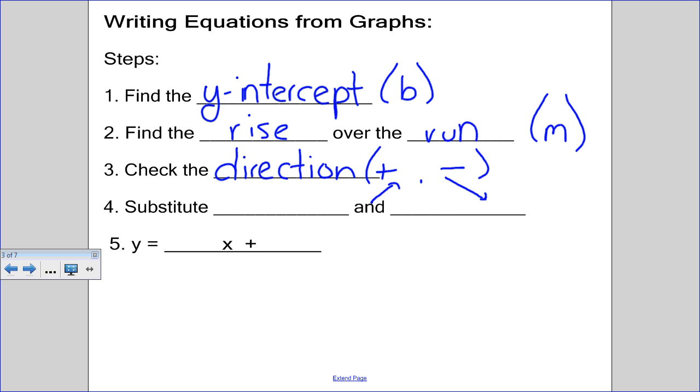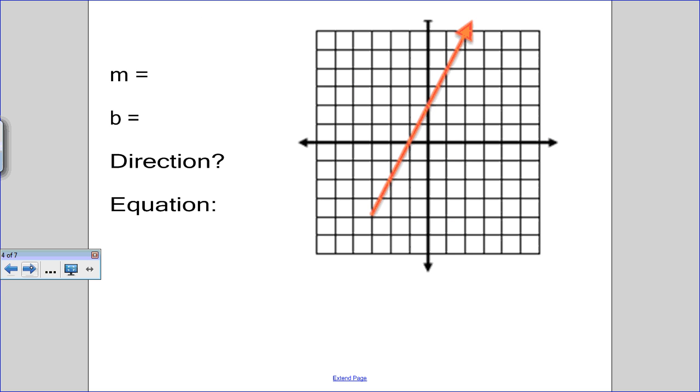Then our very last step, we're going to substitute our m and our b into the equation. So we're going to substitute our slope and our y-intercept until it looks something like y equals mx plus b. Let's try this using one of our graphs.